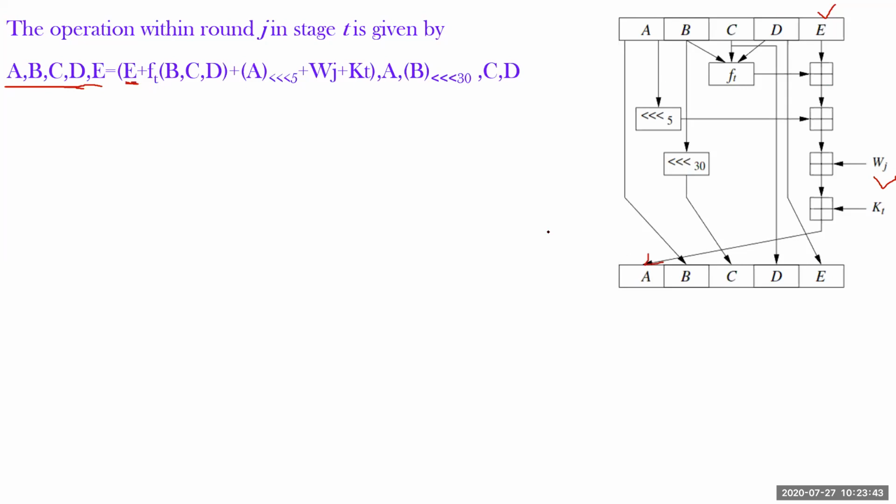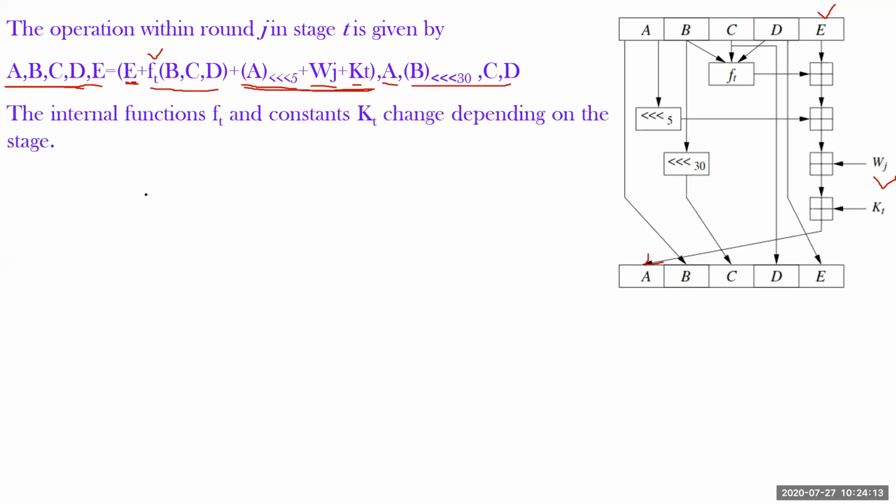E will be taken from A here, and F of T is followed by B, C, D. The function F of T with the B, C, D parameters will be taken by B here. This is actually C, and this is D, and this is E. Like this it has been taken into consideration.